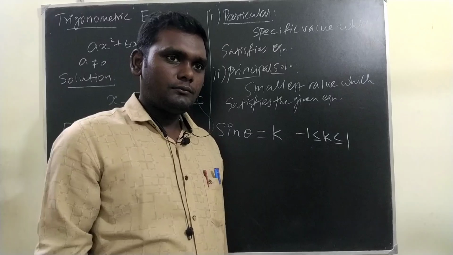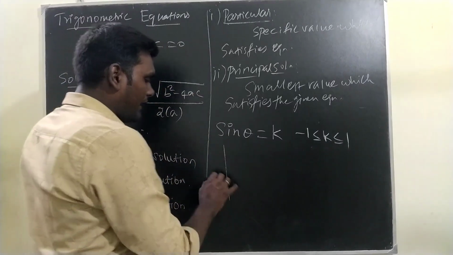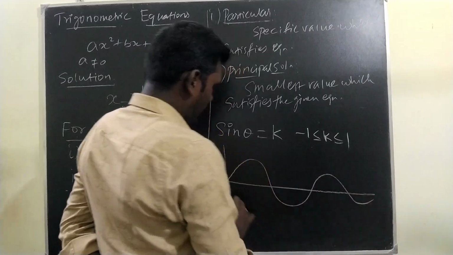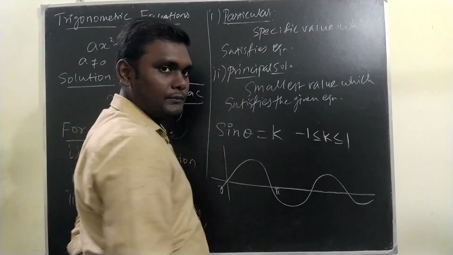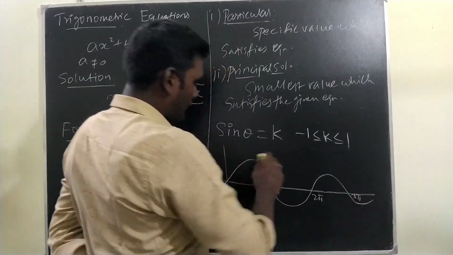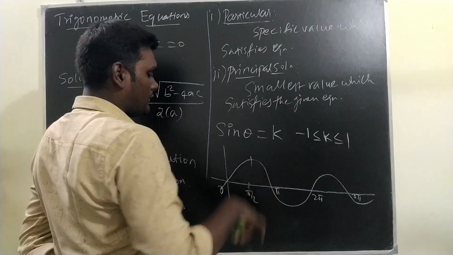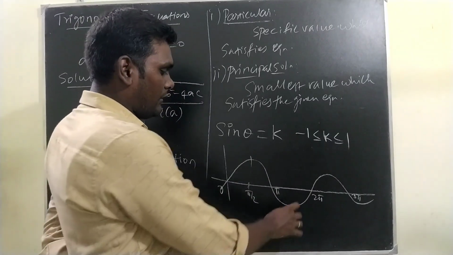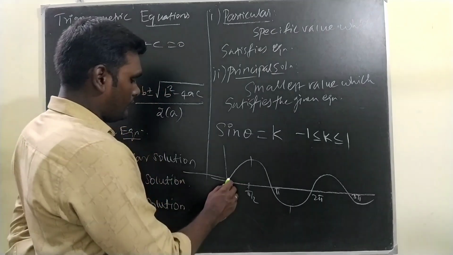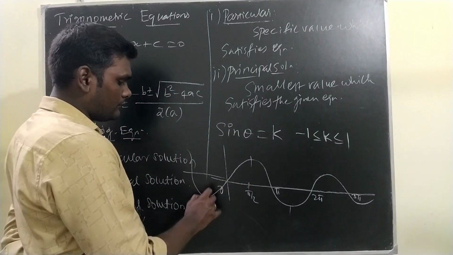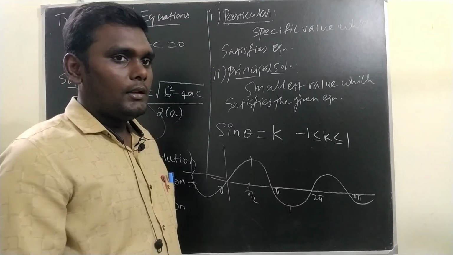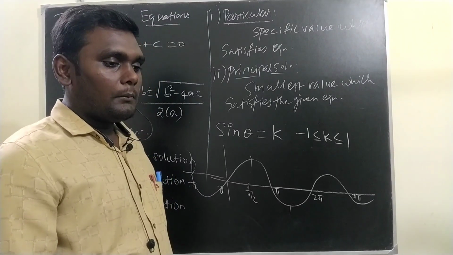Also, when you observe the sine graph, remember, previous class I told you. 0, pi, this is 2 pi. It starts with 0. Here at pi by 2, it touches the point 1. When it is 3 pi by 2, it touches minus 1. Here also it goes, so this is minus pi. Now what value is the main concern?